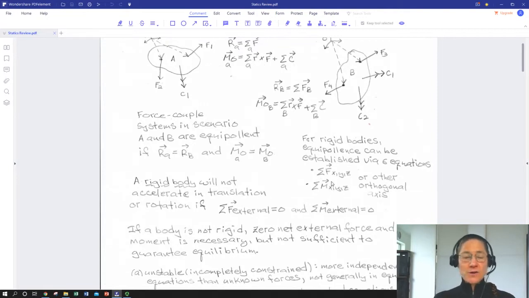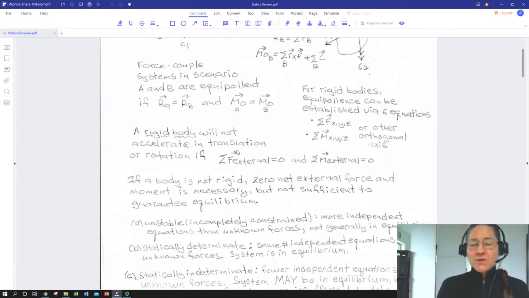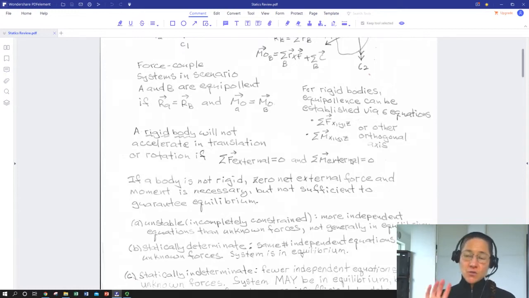All 3 orthogonal axes. If we are in static equilibrium, we will not be accelerating. So that's the key condition of equilibrium, that the sum of the external forces is 0, and therefore we won't undergo any translational acceleration, and the sum of the external moments is 0, which means that our body won't begin to rotate.